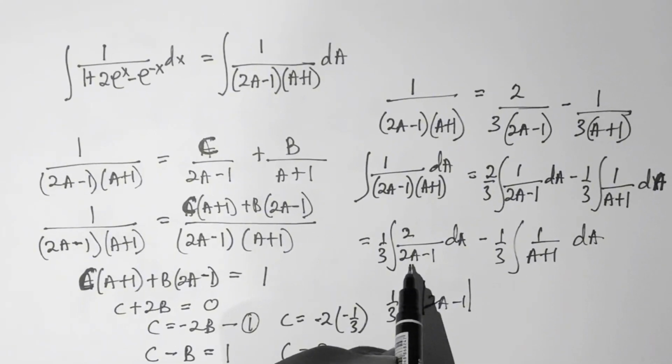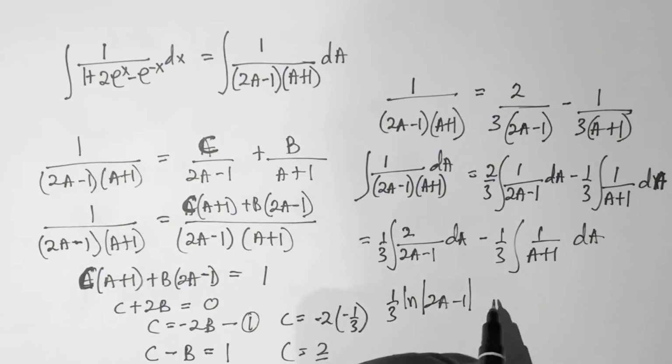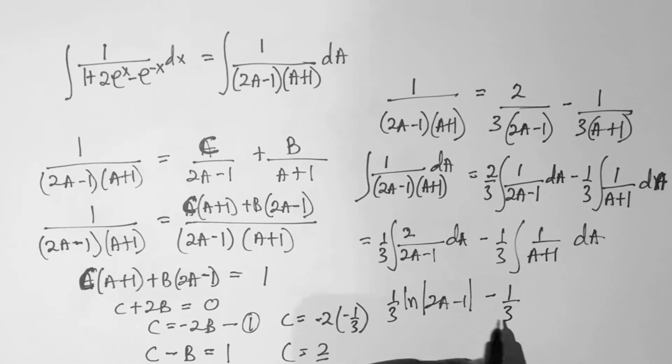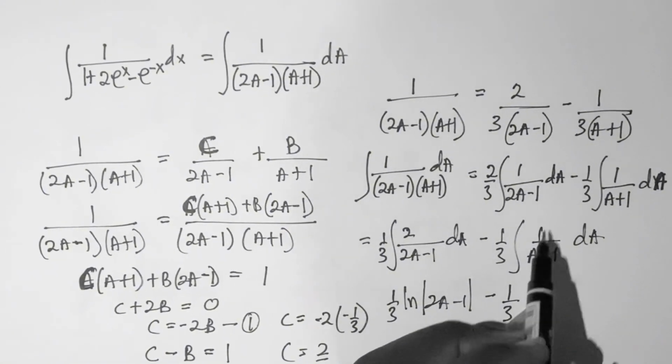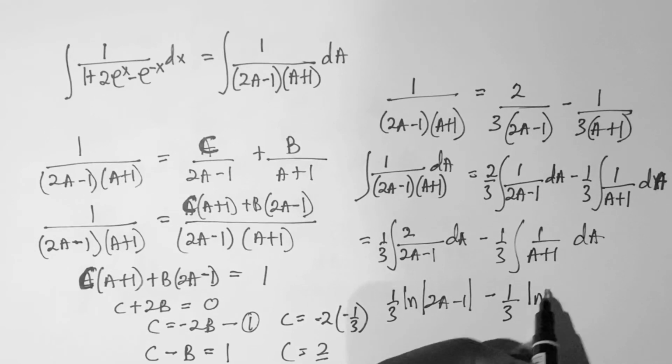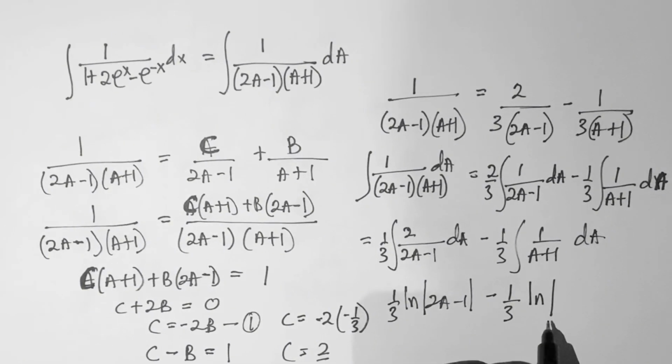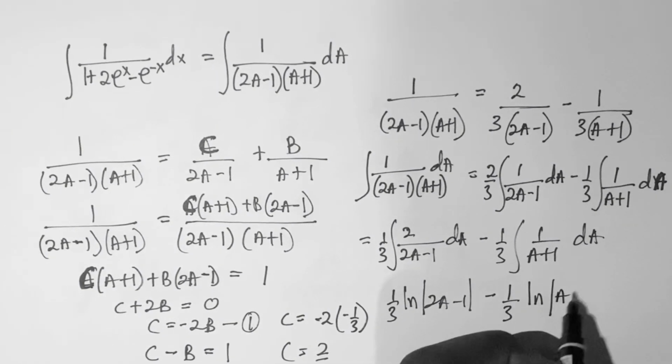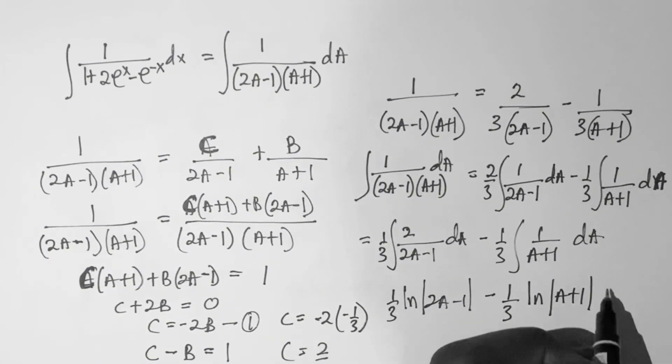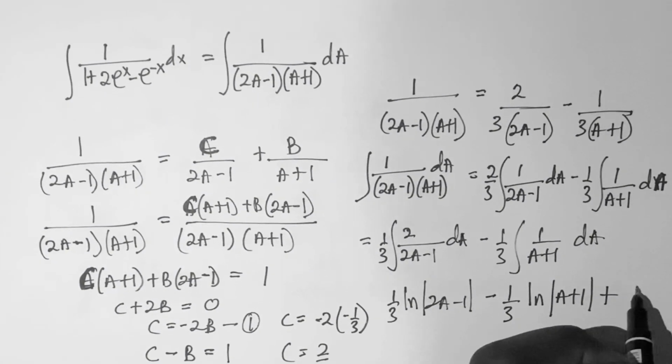You see that if you differentiate 2a minus 1, you get 2, and minus 1 divided by 3. Now if you differentiate a plus 1, you get 1. So that becomes natural log of the absolute value of a plus 1 plus the constant of integration c.